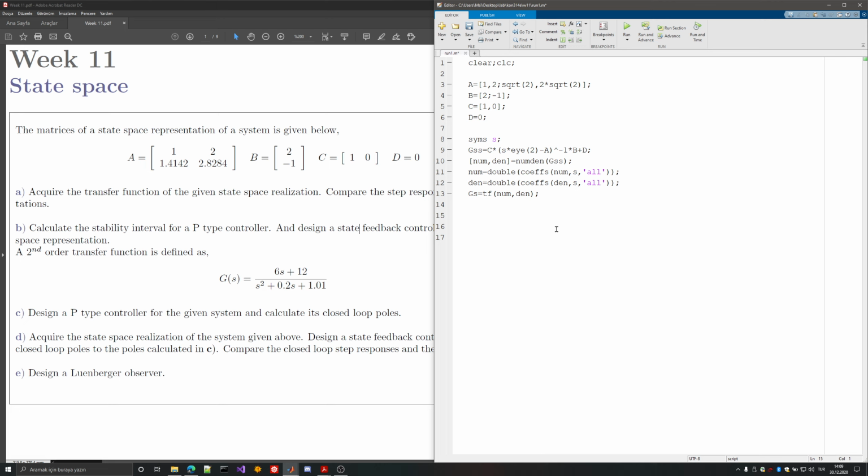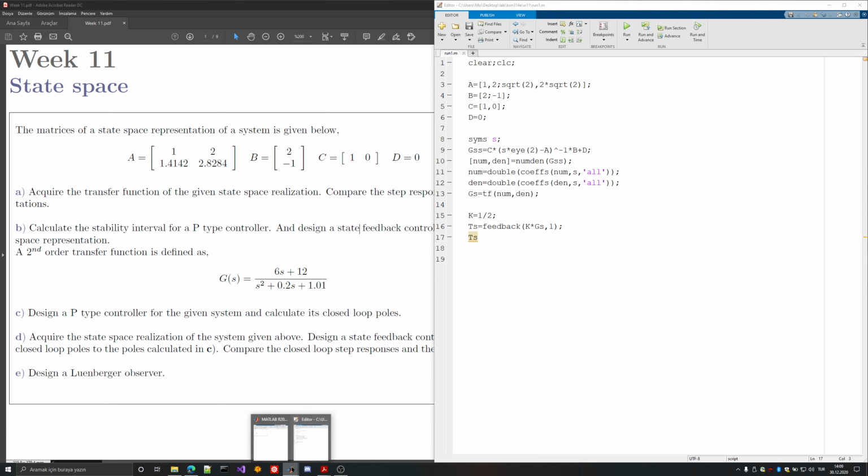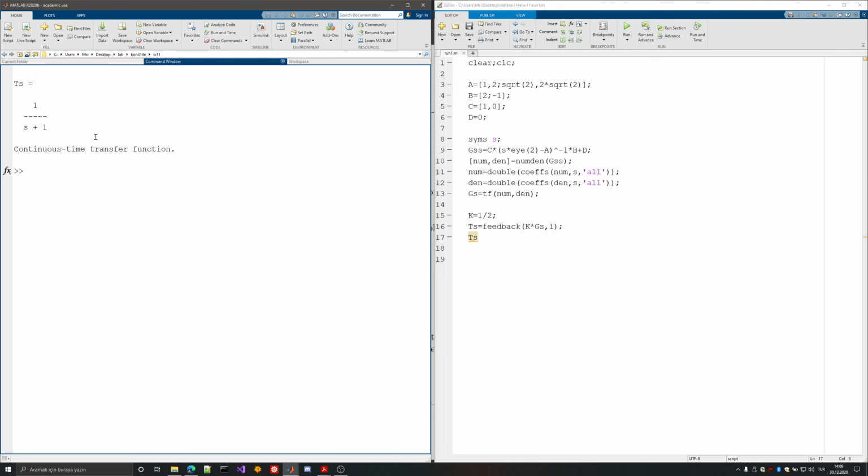So the stability interval is 0 to infinity, and your controller can be designed by taking 1, if 1 is the pole, divided by 2, which will give you the gain, and you can just get T(s), which will be the feedback, using K times G(s), comma 1, and you will have T(s) here. There we go.